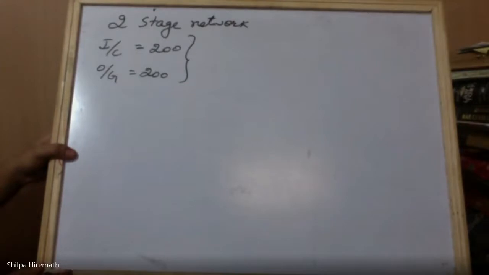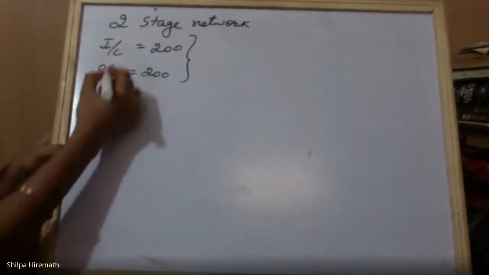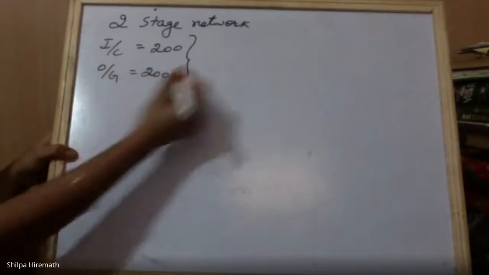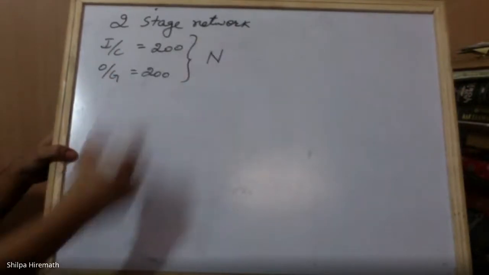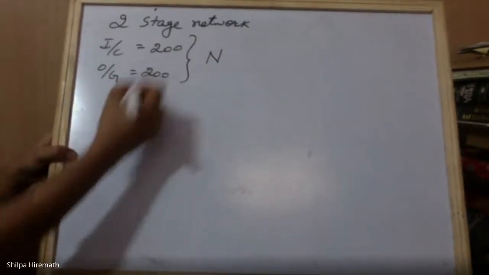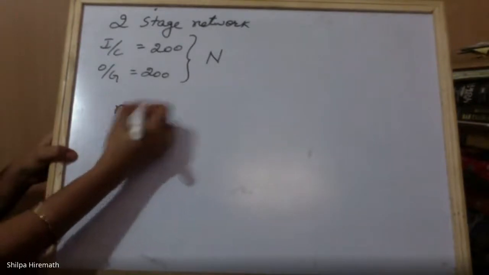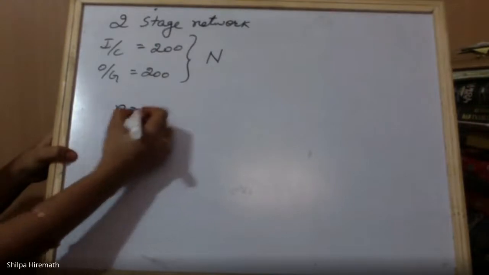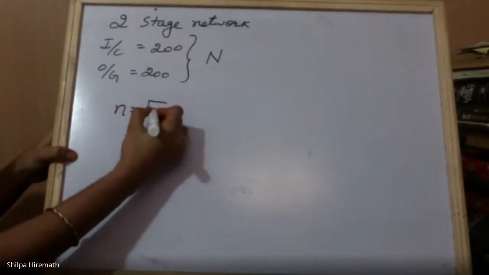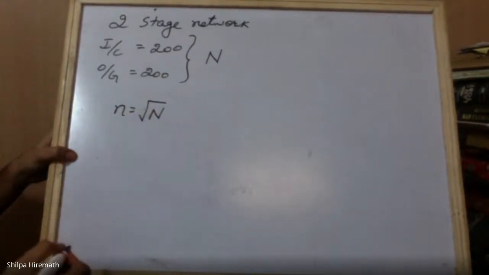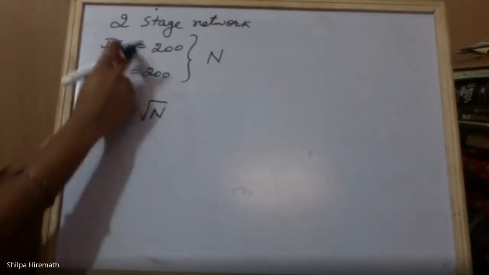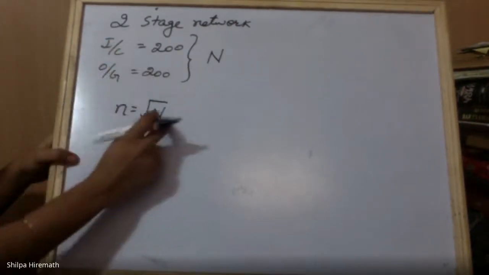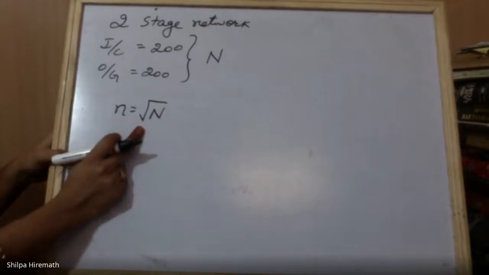So for that, you have to find out the number of inlets. If I'm saying incoming and outgoing trunks, it means that it is capital N. We know how to represent the inlets in terms of trunks. So inlets or outlets are represented by small n is equal to root of capital N. Since here incoming and outgoing trunks are equal, this is the formula to find the inlets or outlets.